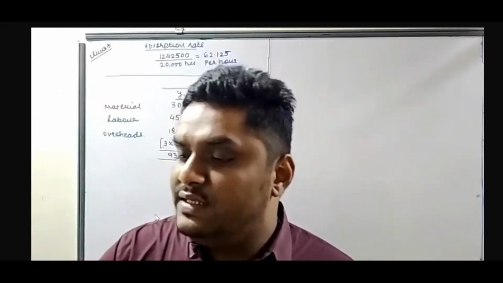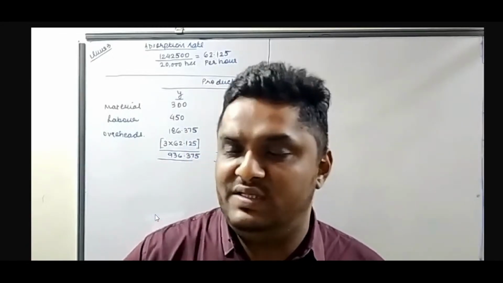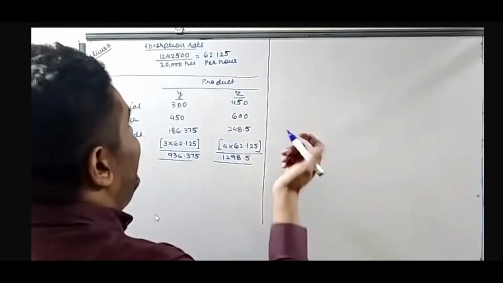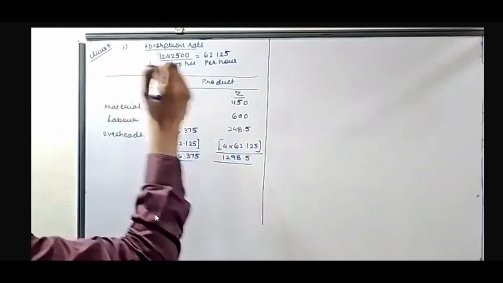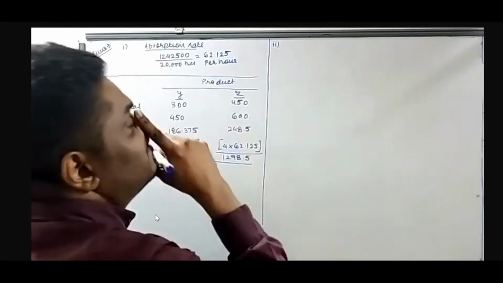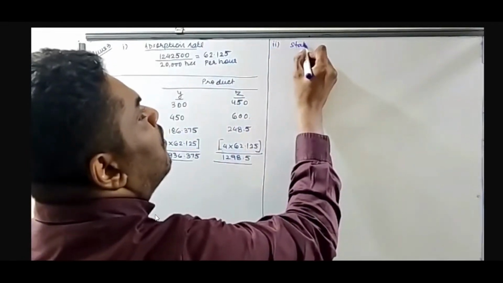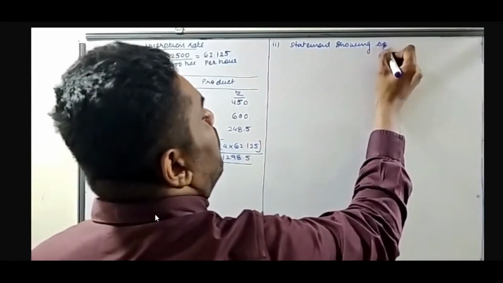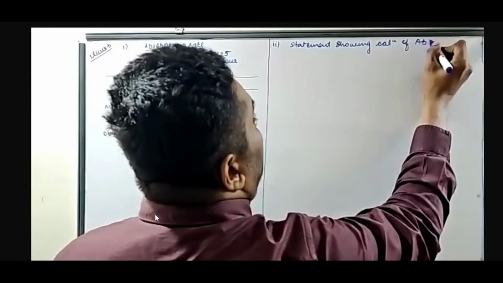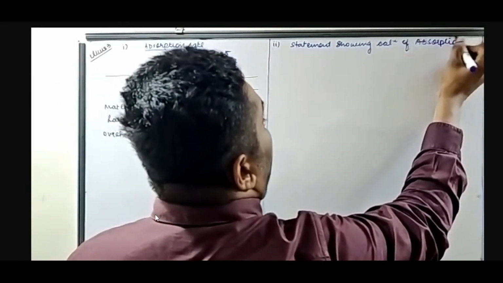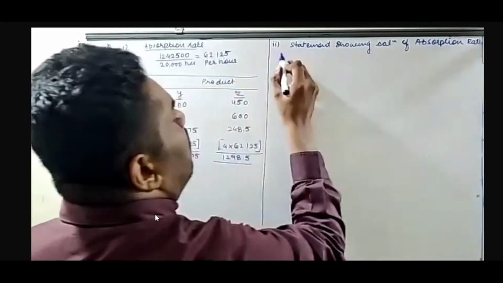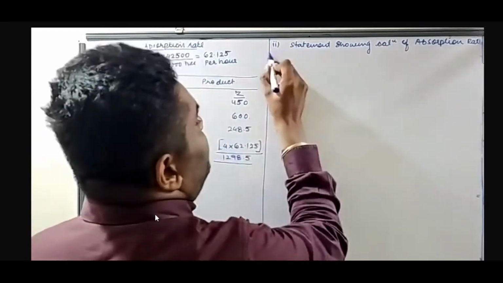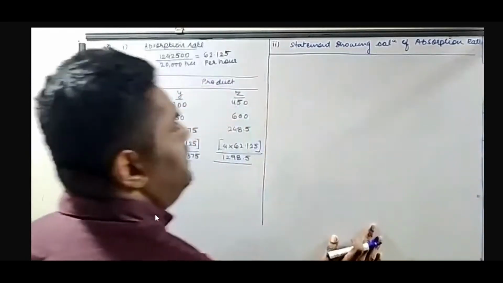The question is asking us to calculate the unit cost as per activity based costing. The first part was absorption, the second part the statement of cost. Now, as per ABC, this is the first part of the solution. For ABC, we again have to calculate the absorption rate.